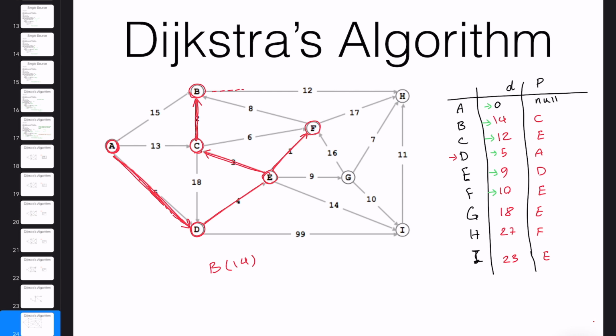So whatever the cost of B is, which is 14, plus the cost of visiting H through B, this edge, which is 12, this is going to be 26. This is smaller than the cost of H that we have. So yes, we can get a better path for H through B.